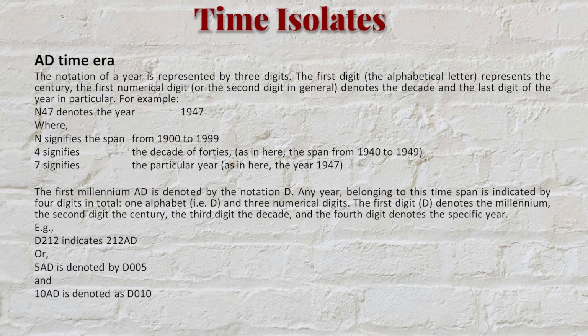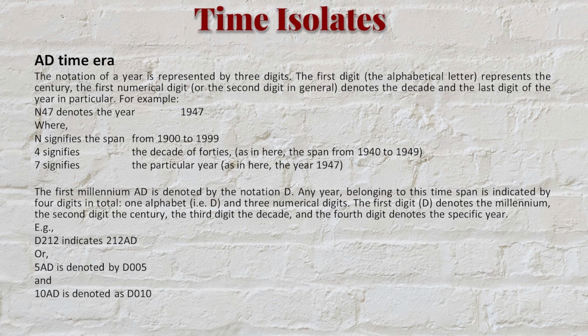Here D indicates the first millennium, then the particular year, as we know it is in the first century, first decade, so within the period 0 to 1, the century digit is 0, the decade digit is 0, and the particular year is 5, and 5 AD is denoted by D005, which includes 4 characters.